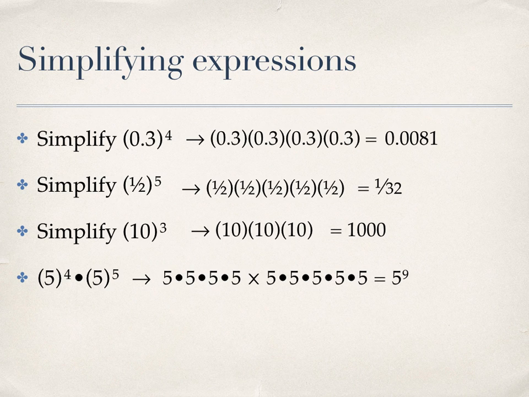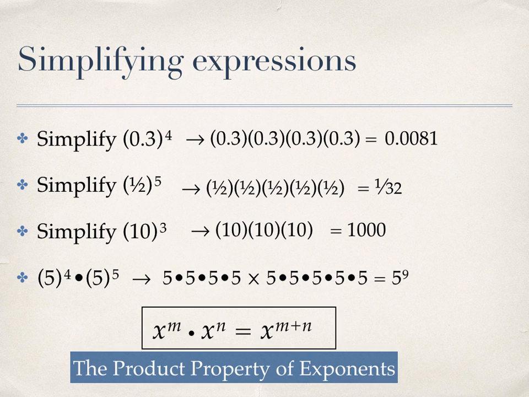And we can generalize a rule based on this last example, that if you're taking the same base and multiplying it with different exponents, then you add your exponents. This is called the product property of exponents, or the product rule.